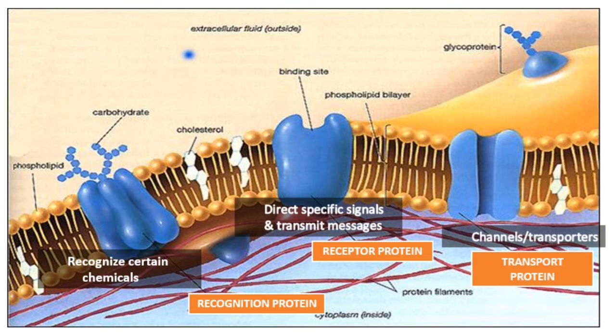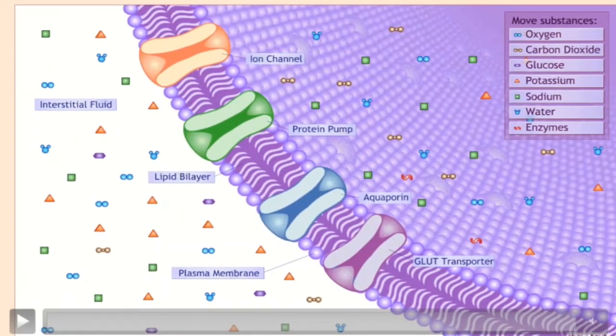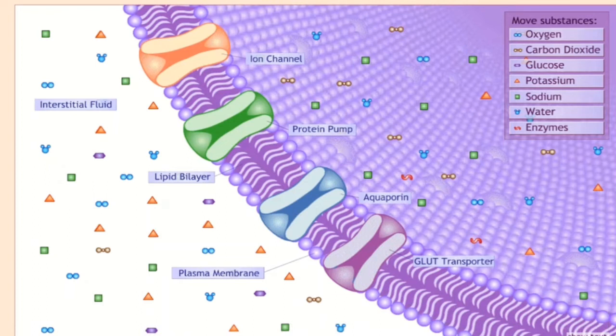And these transport proteins are of different kinds. We have different types of the transport protein for our cell membrane. Now, we have ion channel, the protein pump, we have the aquaporine, and the glute transporter. Now, before discussing these four transport proteins, unsay ilahang each channel no in going in and out of the cell membrane.